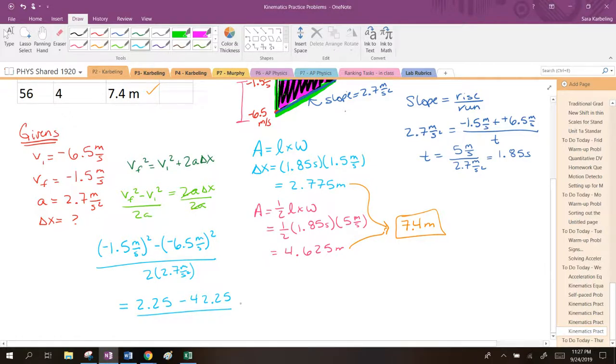I could have done that in my head. That was kind of embarrassing. Sorry, don't tell anybody. That was 40. And then I'm going to divide that by 2 times 2.7, which is 5.4. Got 40 divided by 5.4. That gives me, hot diggity, 7.4. Not a huge surprise since we've been doing things pretty consistently all day. All right, there you go.